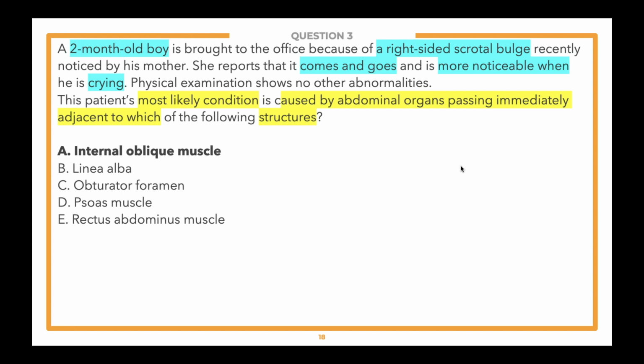The obturator foramen is a large opening in the front of the pelvis, and inguinal hernias do not pass through this. And lastly, linea alba is a tendinous structure that is right in the midline. So again, probably not what we're dealing with in this lateral inguinal hernia. So the best answer choice here, like you selected, was A.